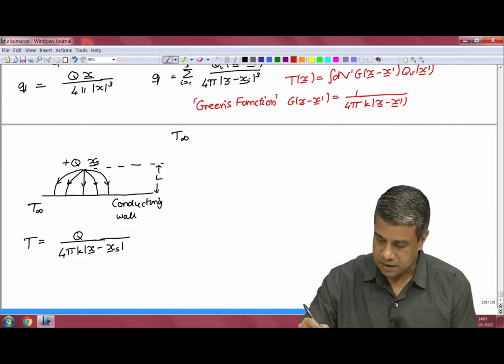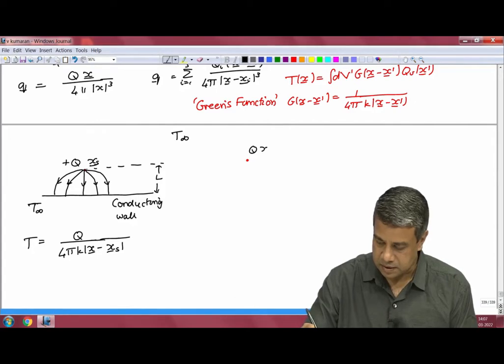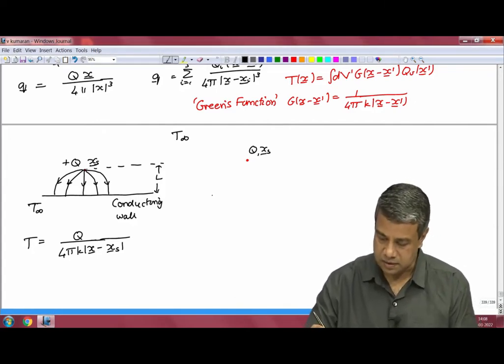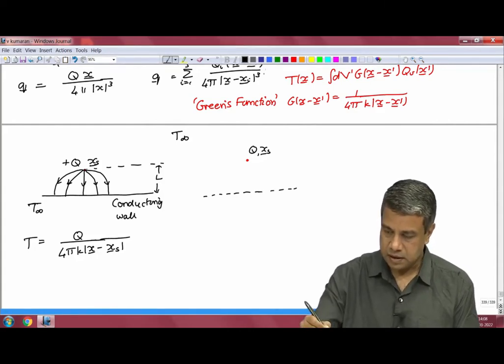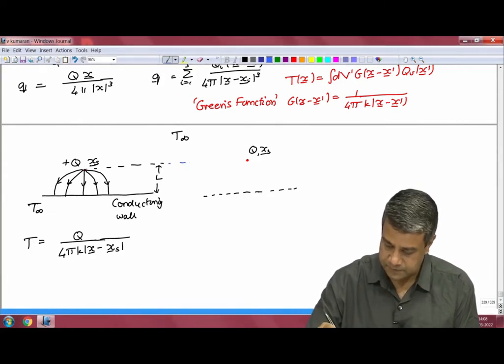So, how do we satisfy the boundary condition on this surface? I had explained that briefly in the last lecture. I have a heat source plus Q at the location x s, where x s is the location of the source, located at a distance L from the wall.